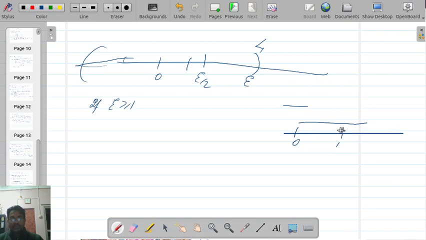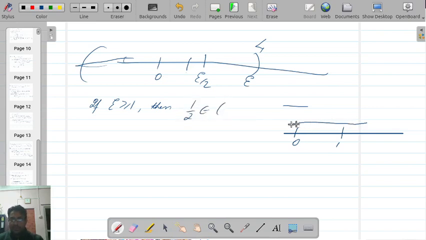And if epsilon is less than 1, then finding the elements is quite simple. In this case also it's simple, but we need to separate the two cases. So if epsilon is greater than or equal to 1, what I need to show is every epsilon neighborhood contains at least one point of the set capital A, that is 0 1. Then half belongs to 0 1.